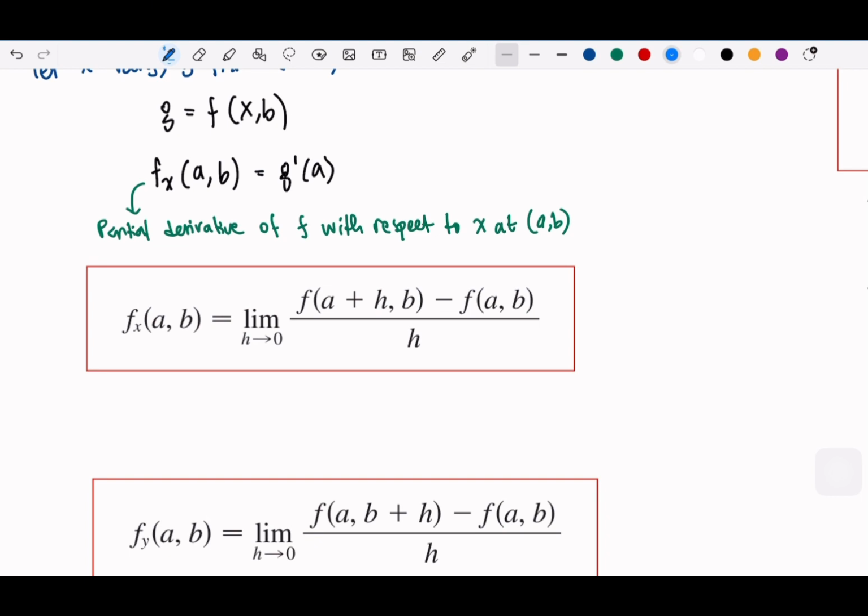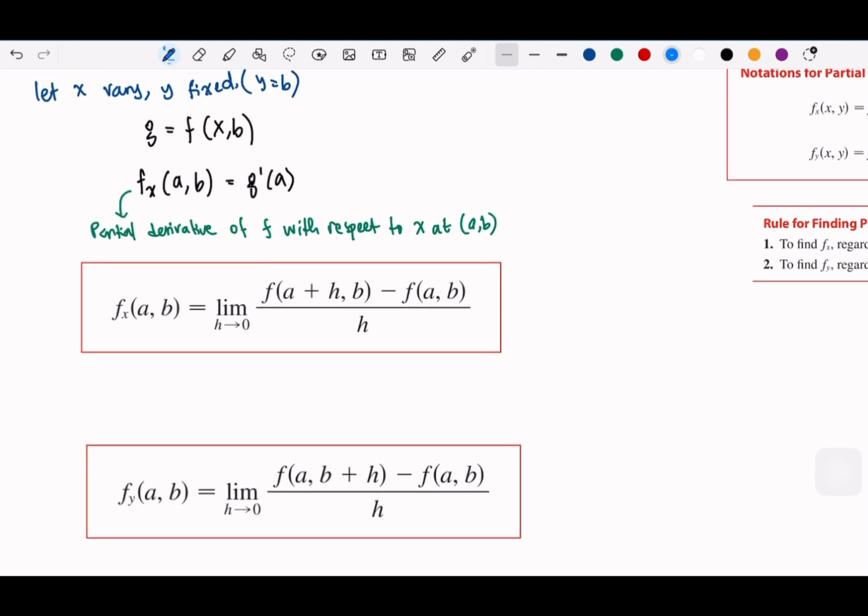Okay. So if we let me check here. Okay, so then we could write these 2 as our limit definition for both partial derivative with respect to x and with respect to y.